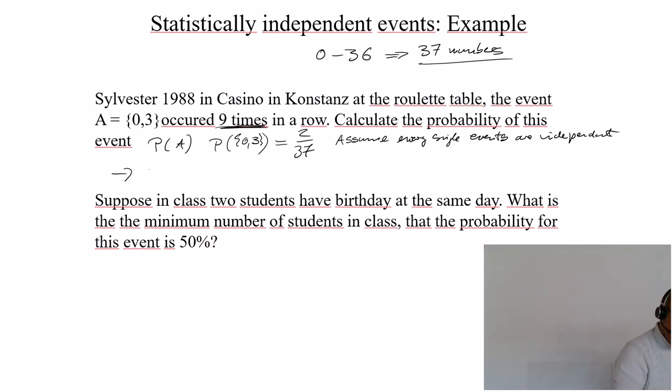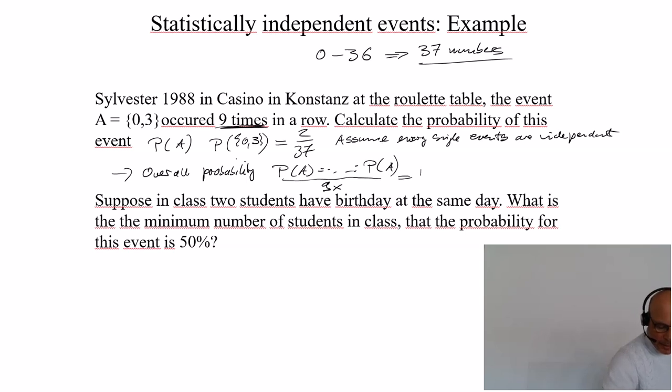So overall, the probability is then P of A 9 times, and we multiply this.